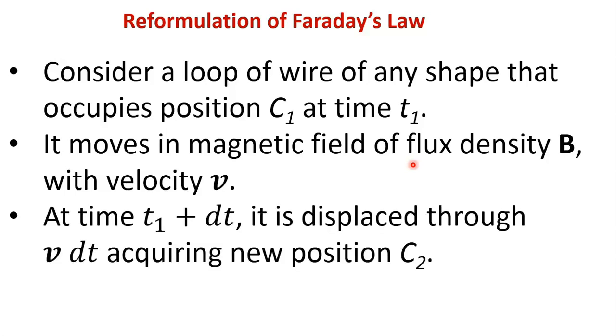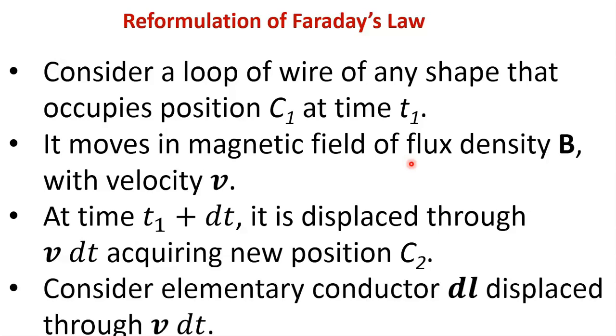And out of that motion, at a later point of time, say t1 plus dt, where dt is an infinitesimally small countable time, the coil is displaced through distance v bar dt, acquiring new position C2.